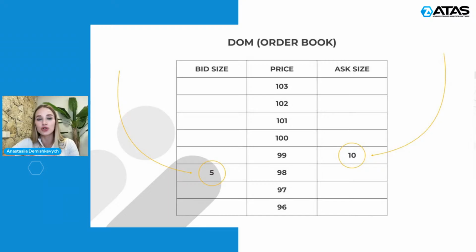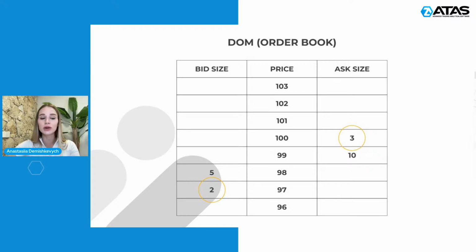So obviously no trade occurs, right? Because both players are asking for different prices, so this does not match. Nothing happens, the price doesn't move anywhere, and we continue. A little bit later, two more traders enter the market.